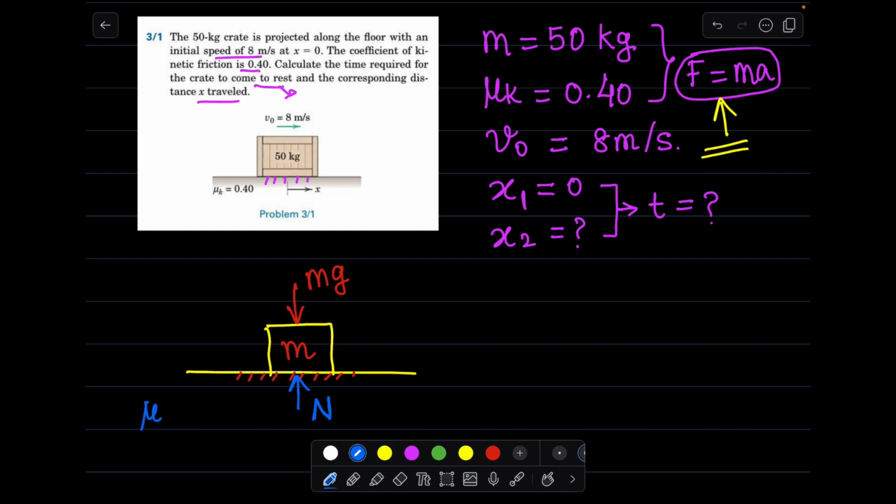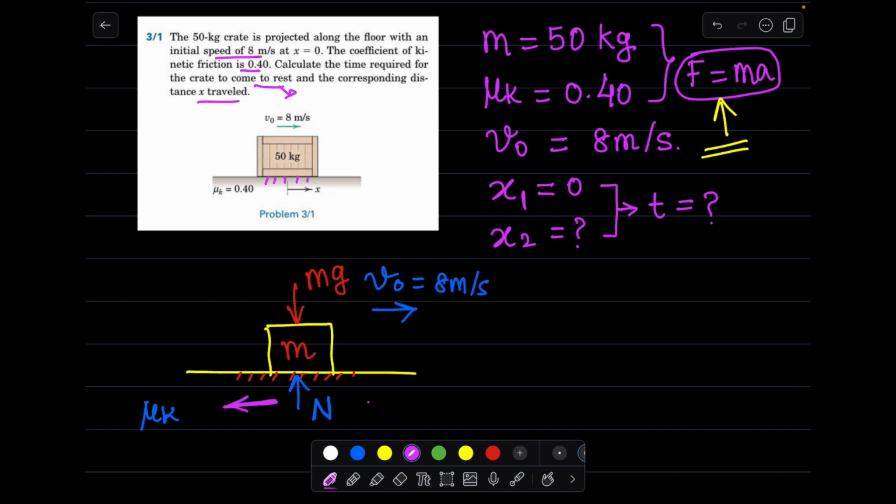And mu k is given here, so there will be a friction force working against the motion. As per this picture, the velocity is in this direction, v naught is 8 meters per second. As you know, the friction force will work opposite to the direction of the motion.